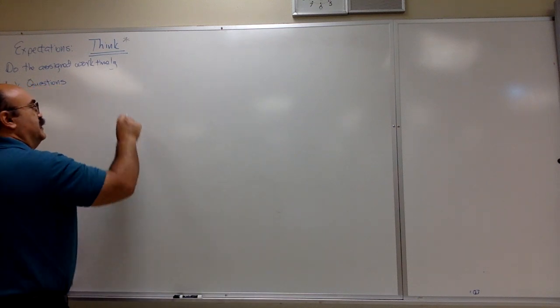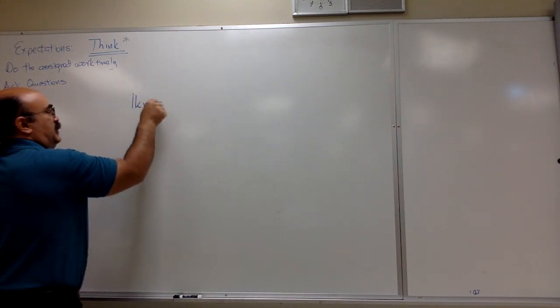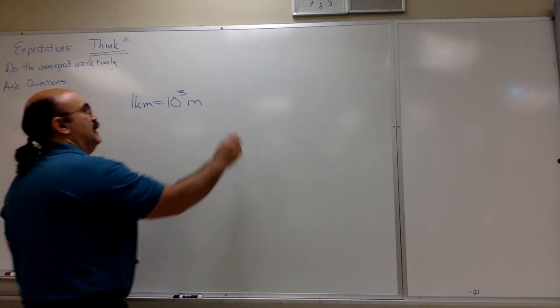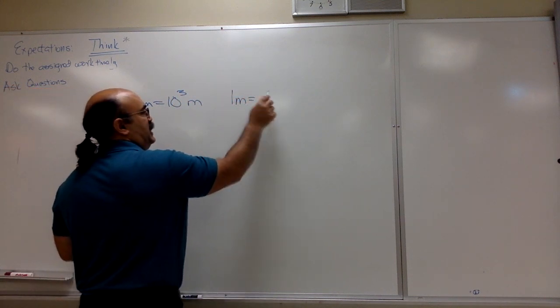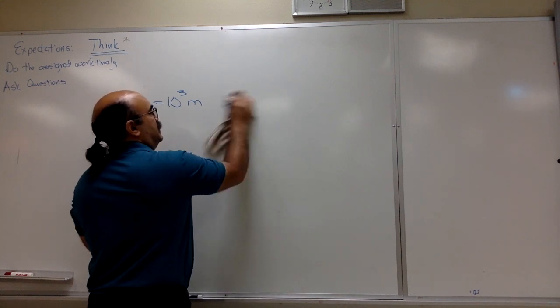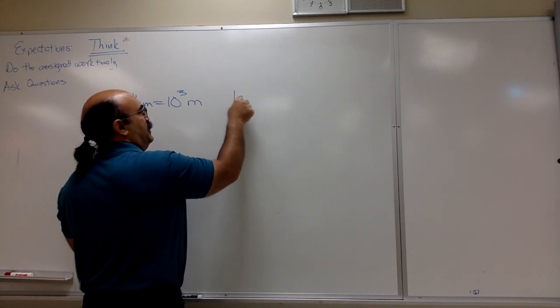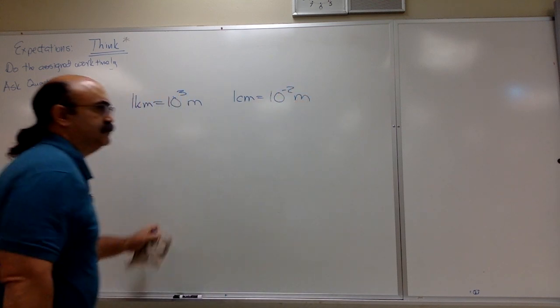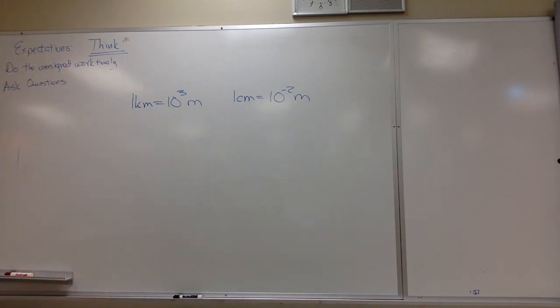So I have the fact that 1 kilometer equals 10 to the 3rd meters. I have that 1 centimeter equals 10 to the negative 2 meters. Those are my possible equalities.